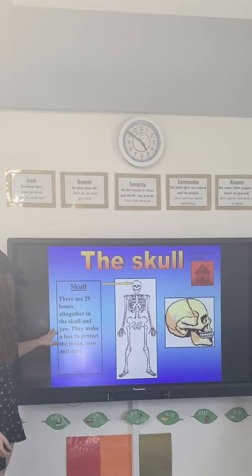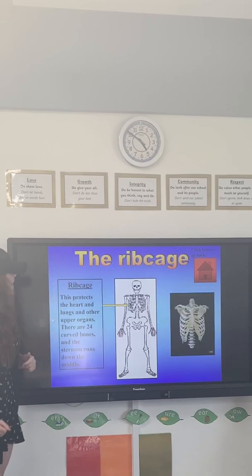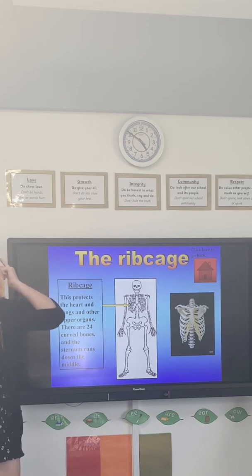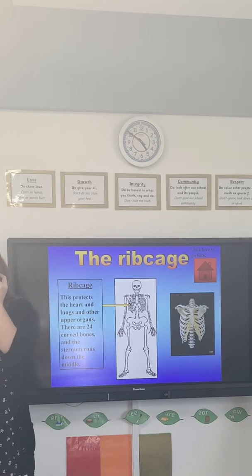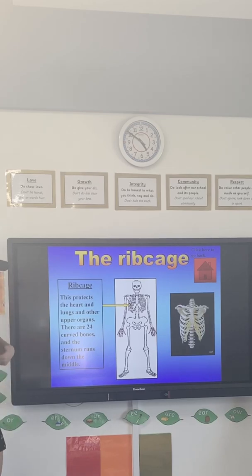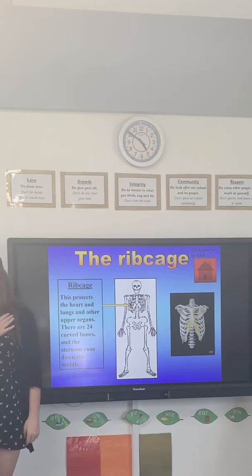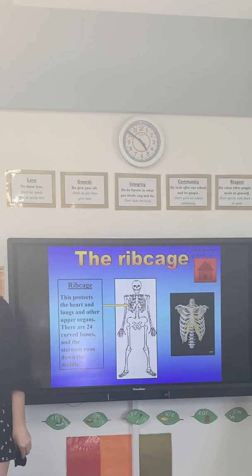Really, really important. Then we've got the ribcage. So that's the skull, which helps to protect your brain, your eyes, your ears, your teeth. You've got your mandible, which is part of your jawbone. Then we've got the ribcage, and this protects your heart and your lungs, which help you to breathe in and breathe out.